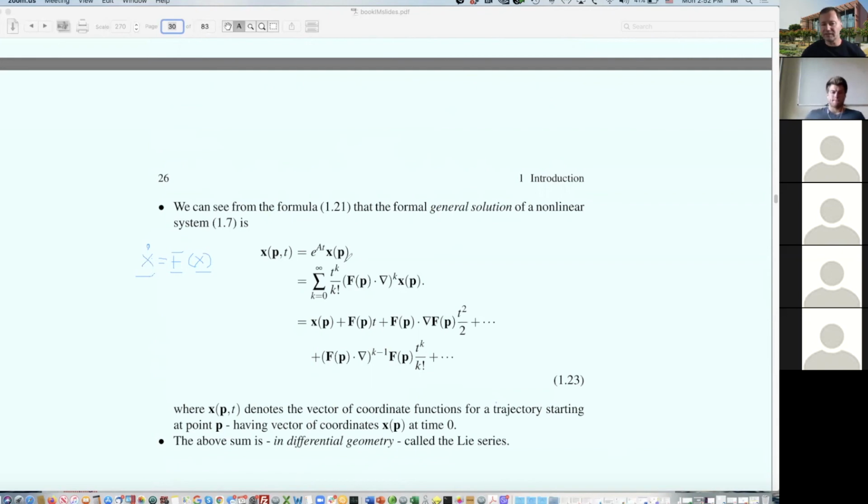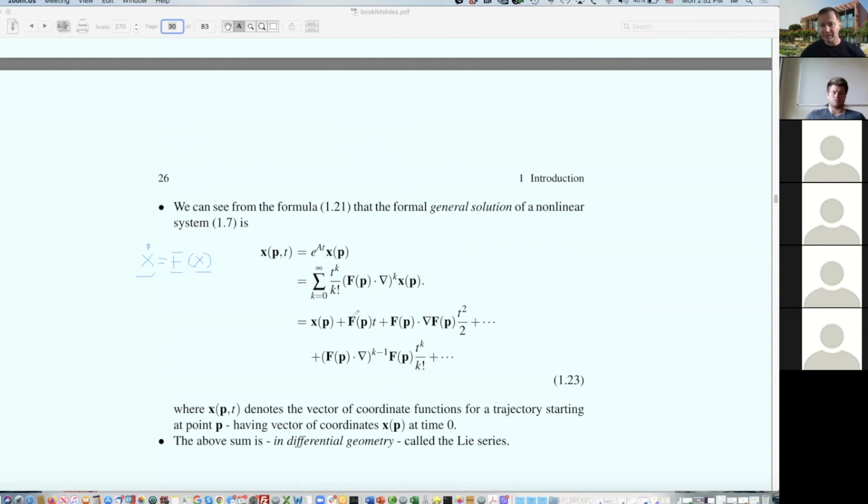You can consider this x of p as, if p is an initial condition, that's going to give you the initial condition for this evolution. So e to the at x of p, expand, and if you work through it a little bit, you're going to see that the first term again is x of p, just like I argued before for the linear system. That's the k equal to 0 term, and you're just left with x of p.